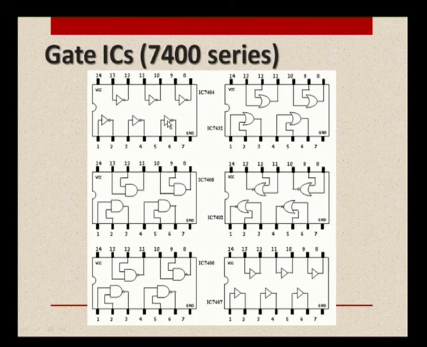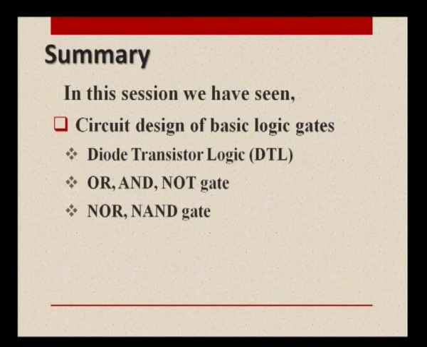So, it gives us an idea of how the electronic circuits are incorporated in the ICs. The IC design itself is a very big technology and it is beyond the curriculum for us to learn about all that, but the points we discussed in this lecture give us some idea about the designing of logic gates.